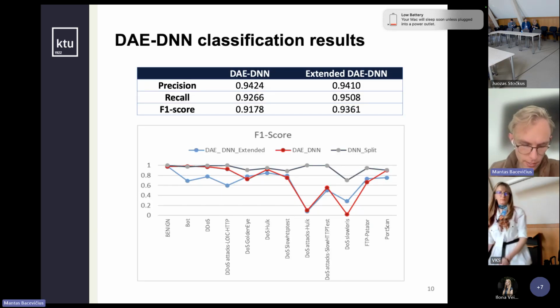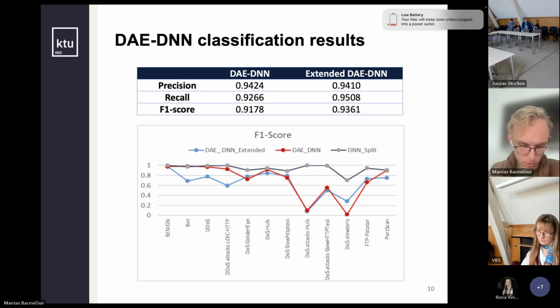The results of DAE-DNN and extended DAE-DNN model classification with weighted average of F1 score are presented in this table. It is notable that the extended model generally performs better, achieving 93% of F1 score and 95% for recall value.